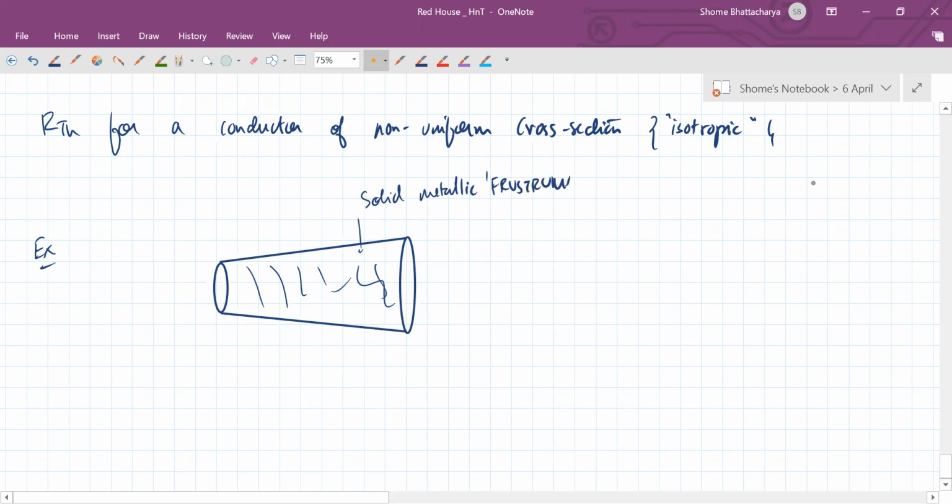Okay. So you get a frustum of a cone by taking an ordinary cone and then cutting out a portion of it. So this shape is called frustum. Okay.